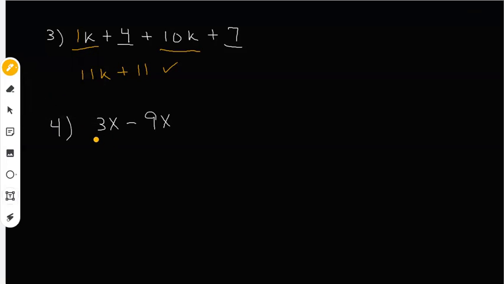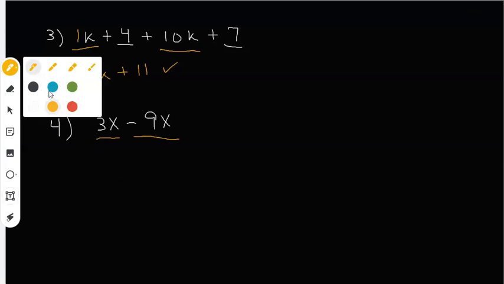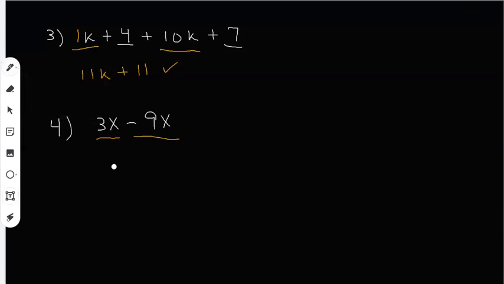Since they end with the same variable, they must be like terms, right? A positive 3x and a negative 9x. So if I do 3 minus 9, what do I get? 3 minus 9, that's going to give me -6. And since there's an x on both of these, I just bring down the x and I'm done.